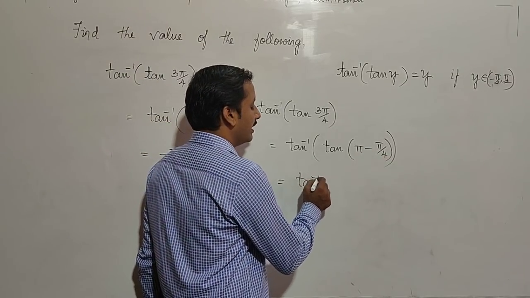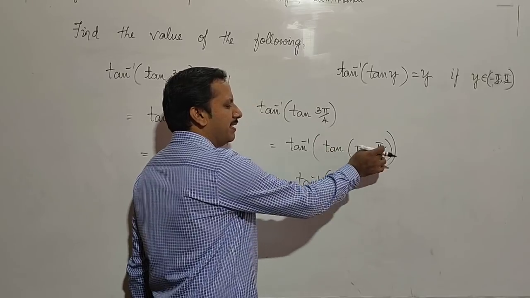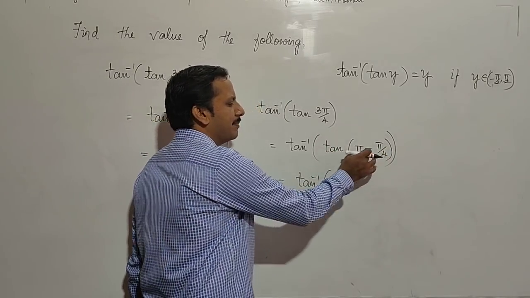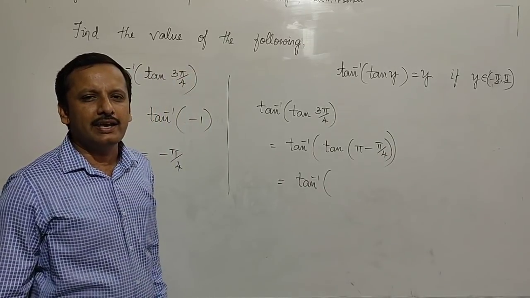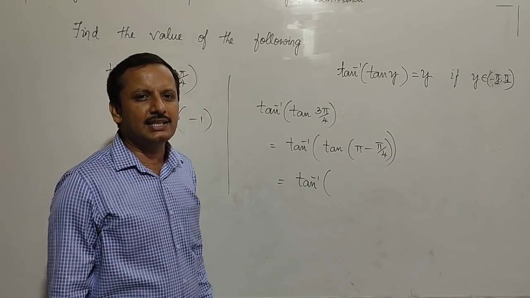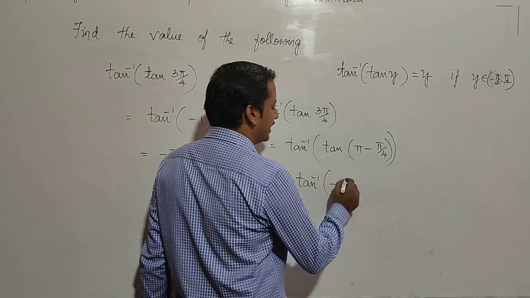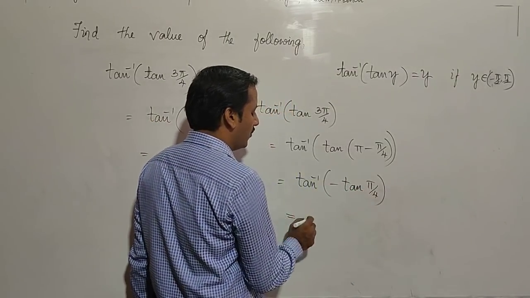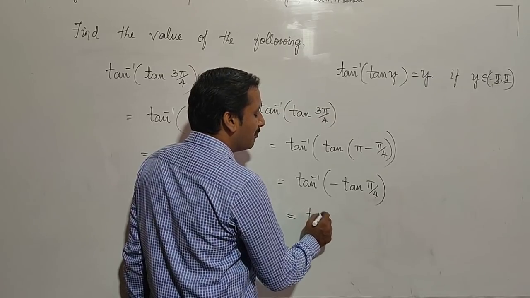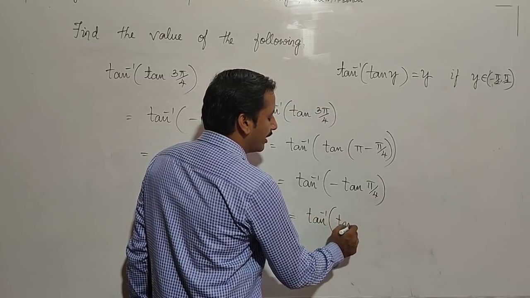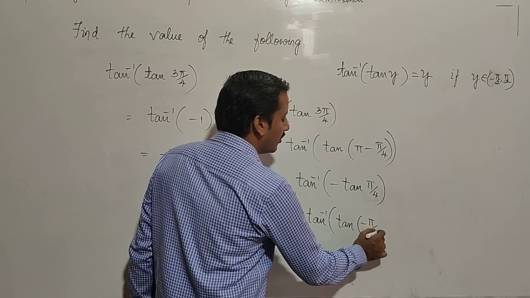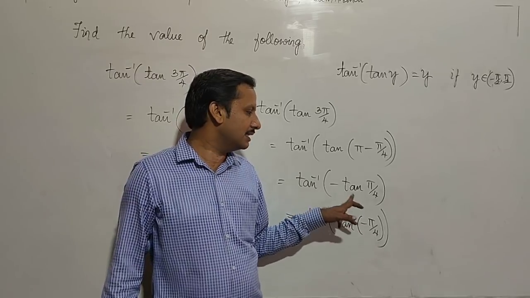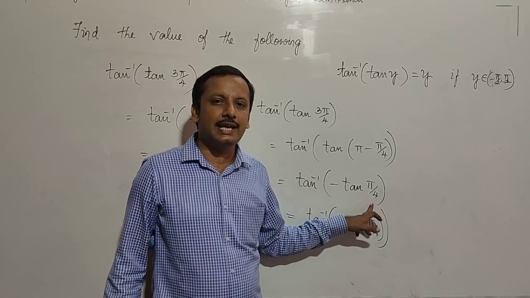So tan pi minus theta, or tan 180 degrees minus theta, is equal to minus tan theta. That will give you minus tan pi by 4. Tan inverse of minus tan pi by 4 can also be written as tan of minus pi by 4, because tan of minus theta is equal to minus tan theta.